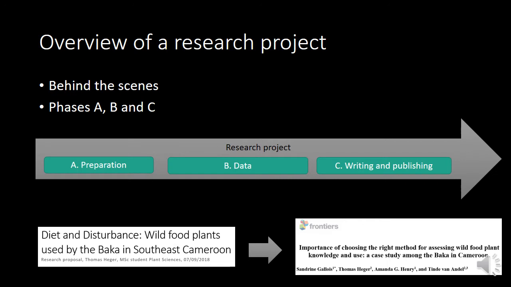And this has evolved all the way to a couple of articles, of which the one we're trying to publish now is the importance of choosing the right method for assessing wild food plant knowledge and use. So a bit of a different focus, and like I say, it evolves, and I'd like to take you into that process.